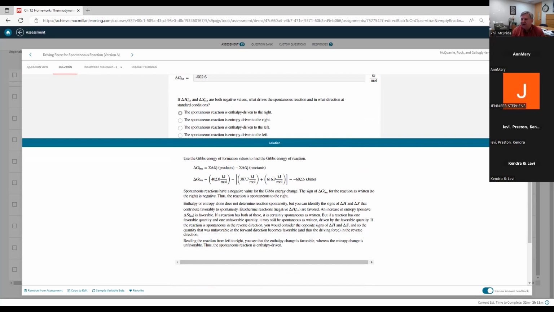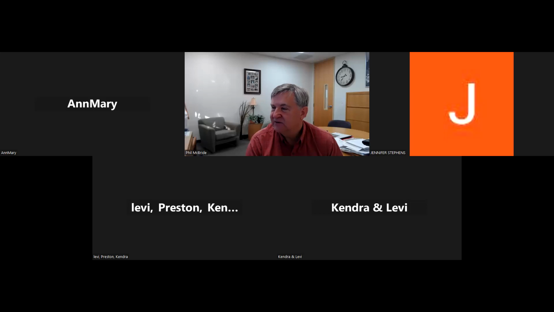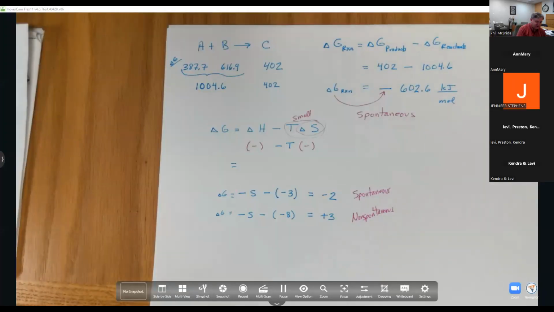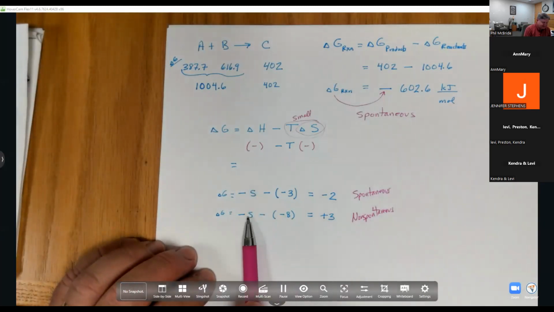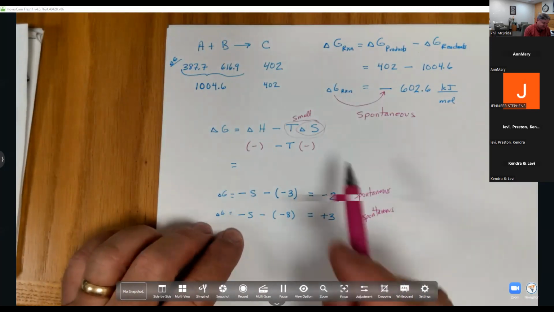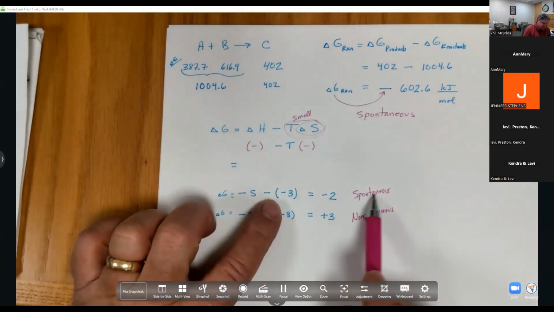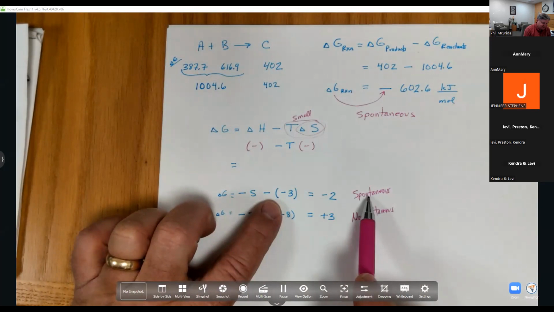But these two are fighting each other. Let me see if I can go back to that other screen. So here we have enthalpy is negative, that makes it spontaneous. So at the small temperature, it's spontaneous.